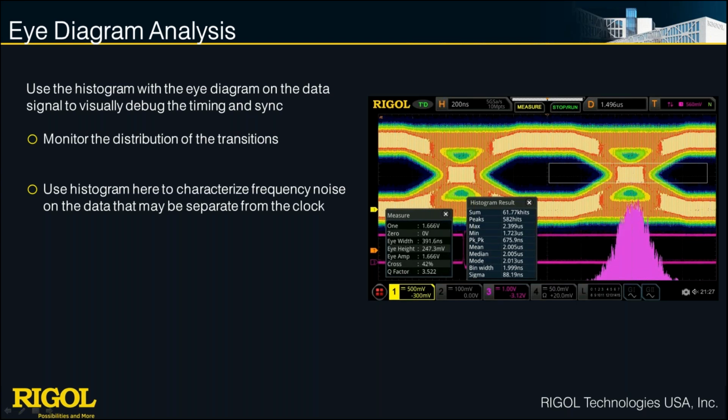And this is a great indicator if there are systemic, non-random issues that are affecting your timing, your frequency transitions on the signal itself. So we use that to characterize any of the frequency noise or drift in the data itself, really not related to the clock.